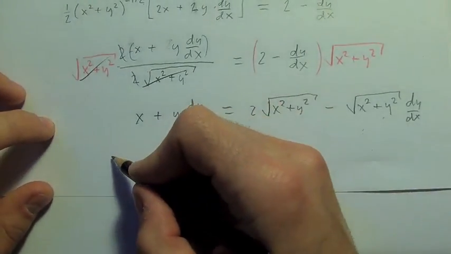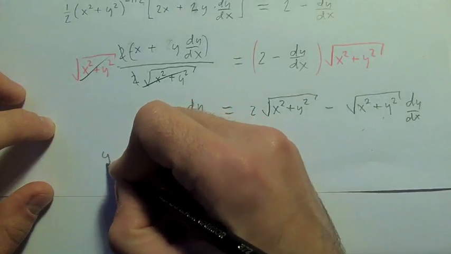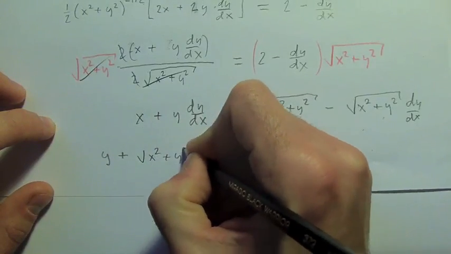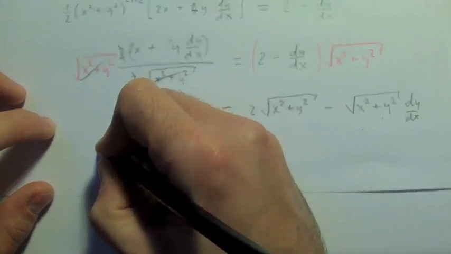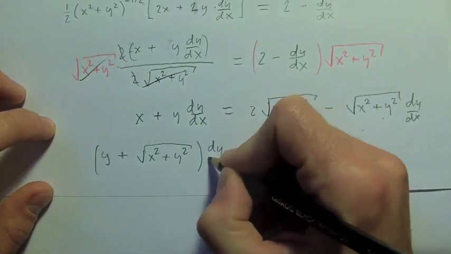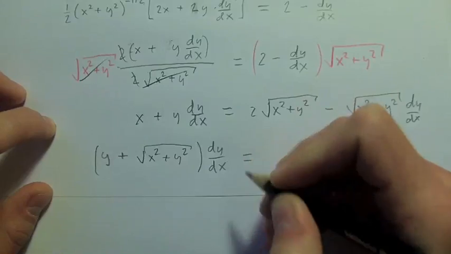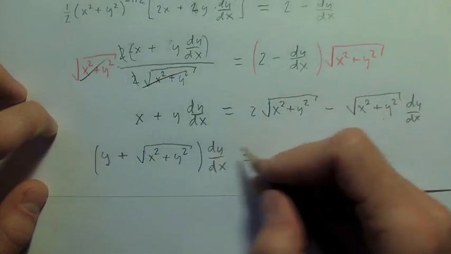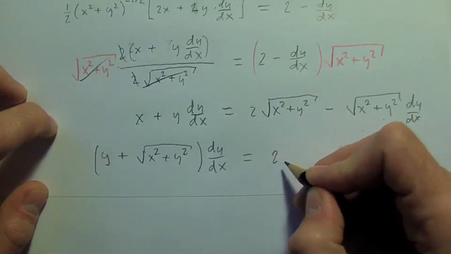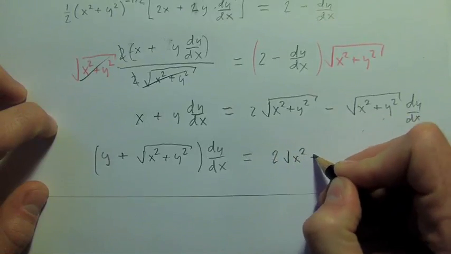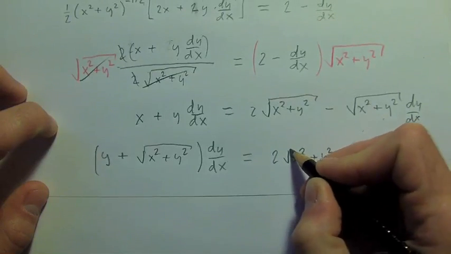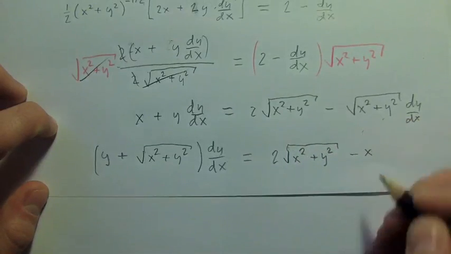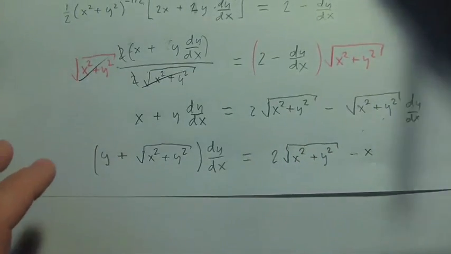So I will end up with a y plus the square root of x squared plus y squared on this side. Both of those are dy dx terms. You do this enough, you'll start to see this same pattern happening over and over again. And then on this side I have 2 square root of x squared plus y squared, okay, minus x when I move that x over.